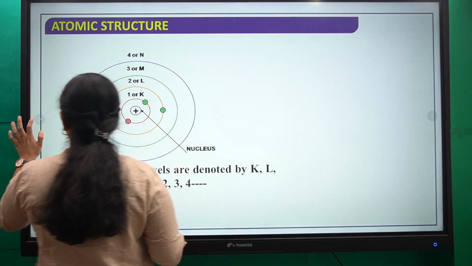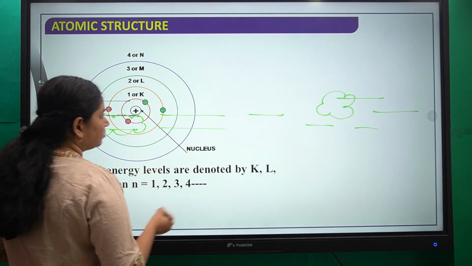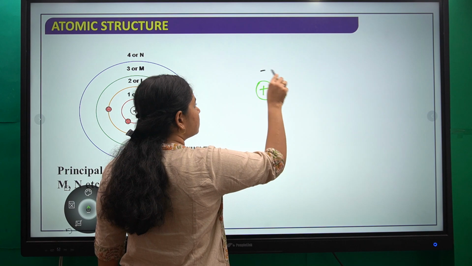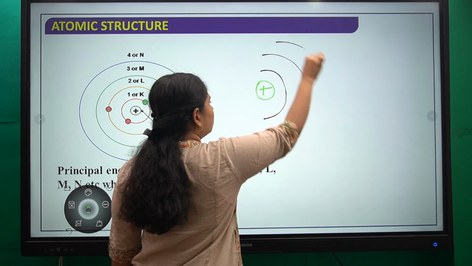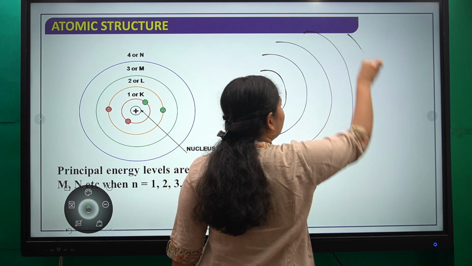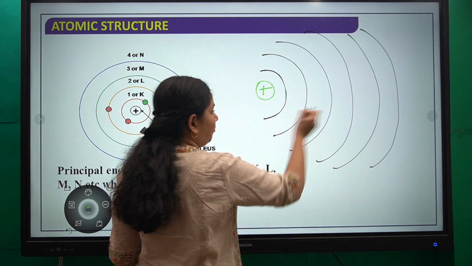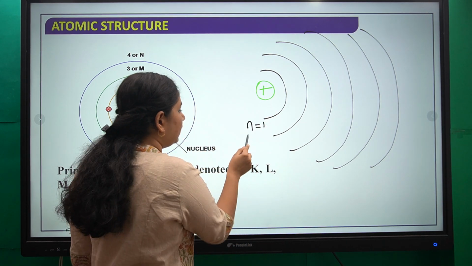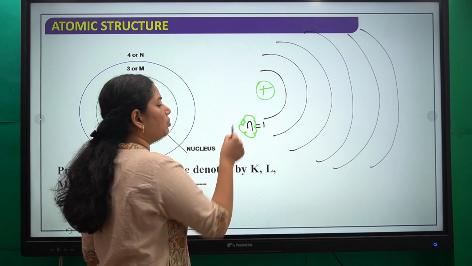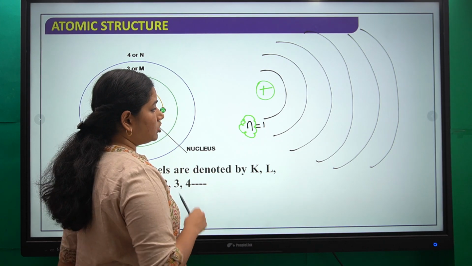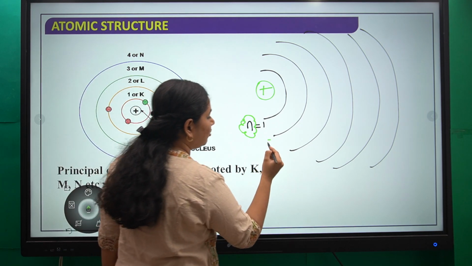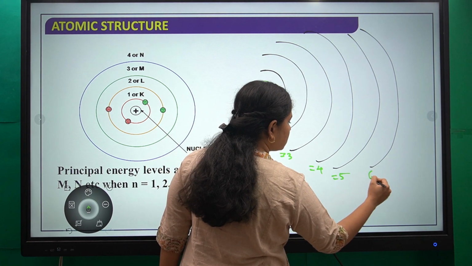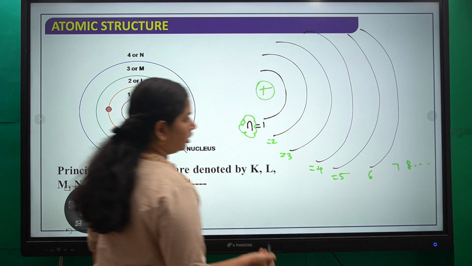How will the atom be represented? If this is the nucleus, this is the first orbit, second orbit, third orbit, fourth, fifth, sixth, and you can keep going. This is n equal to 1, where n indicates the principal shell number, the main shell number. This is n equal to 2, this is n equal to 3, 4, 5, 6, 7, 8, and you can continue.